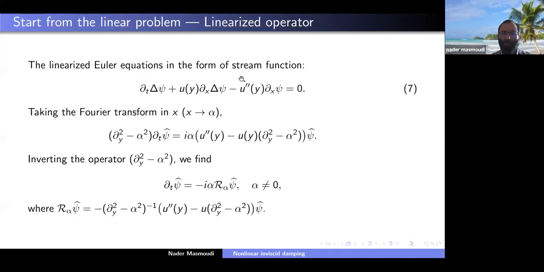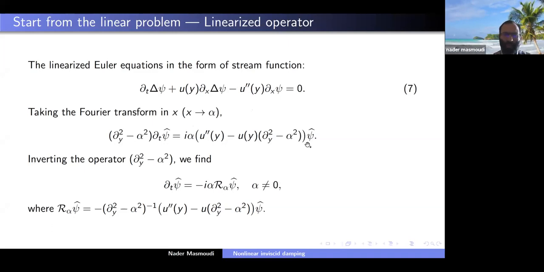Okay, this is the linear problem written in terms of the stream function. Again, remember, if u of y was y, this term disappears, and then this becomes a simple transport equation. Now if I move to the Fourier side in x, this is how my equation looks.